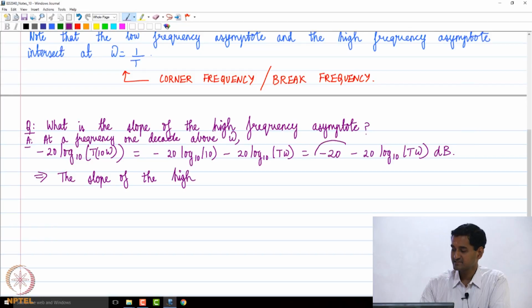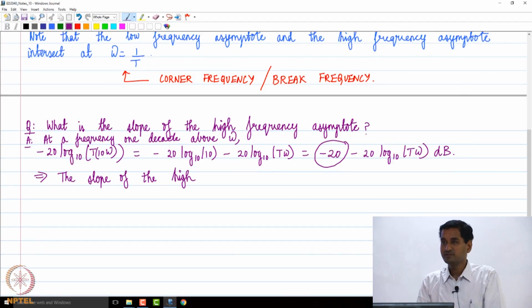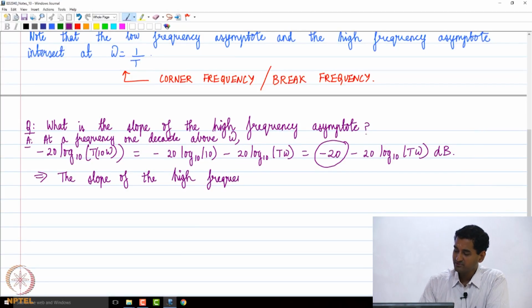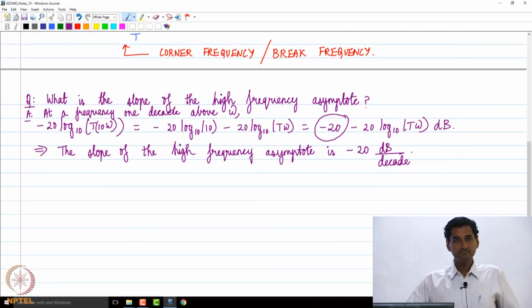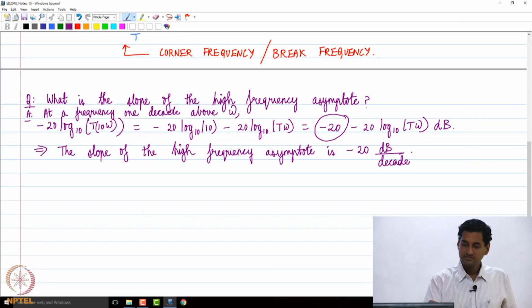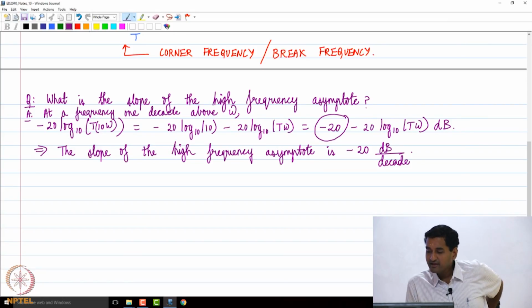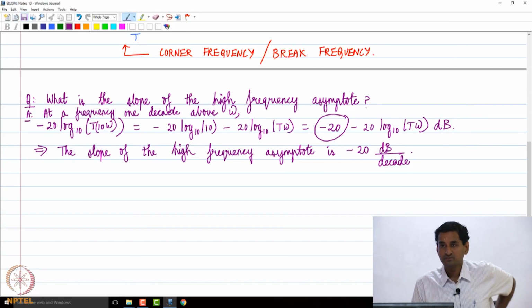Because you can see this: you are going to have a difference of minus 20 from omega to 10 times omega. So, consequently, the slope of the high frequency asymptote is minus 20 decibels per decade. That is what we have.